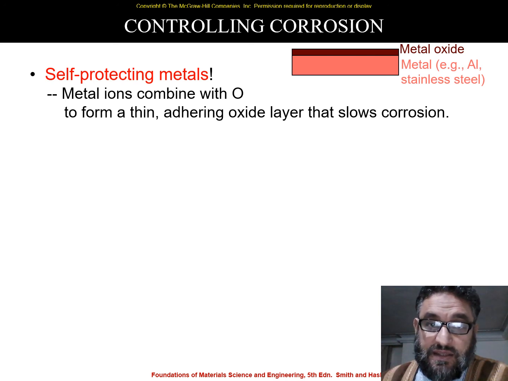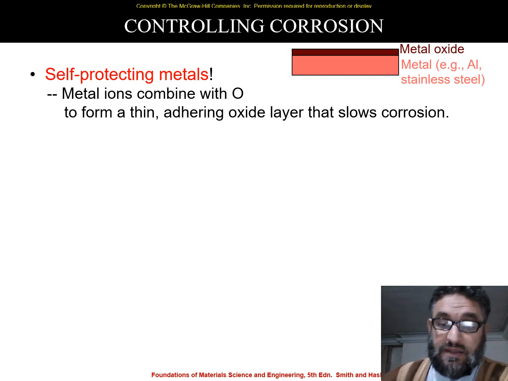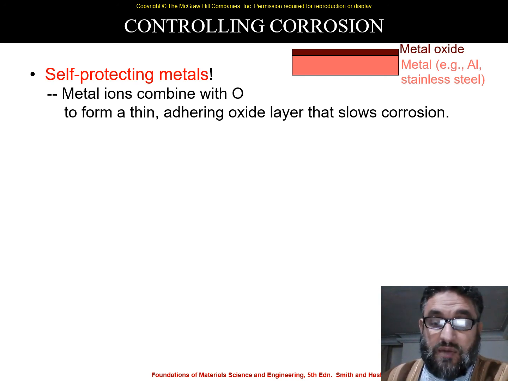Initially it will react with oxygen and make a thin layer of oxide, which can play a role as a protective layer against the environment, to make the bulk of the metal isolated from the environment so that the corrosion doesn't happen.